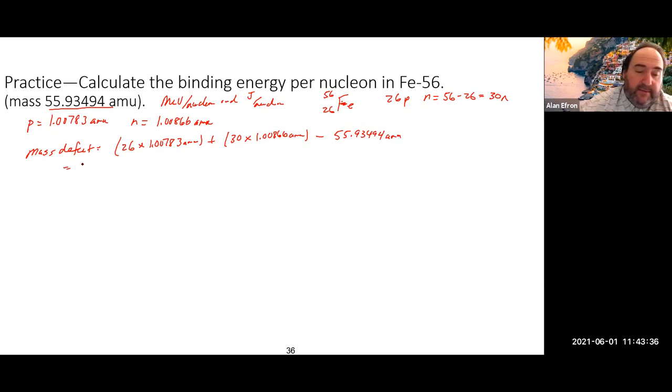That is going to yield us a mass defect of, looks like, 5284 0.5.